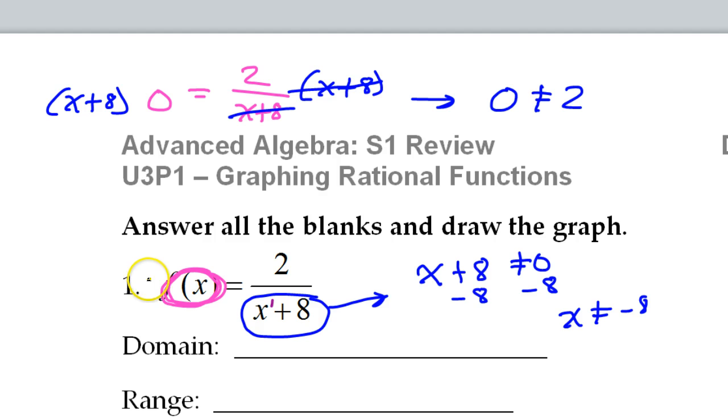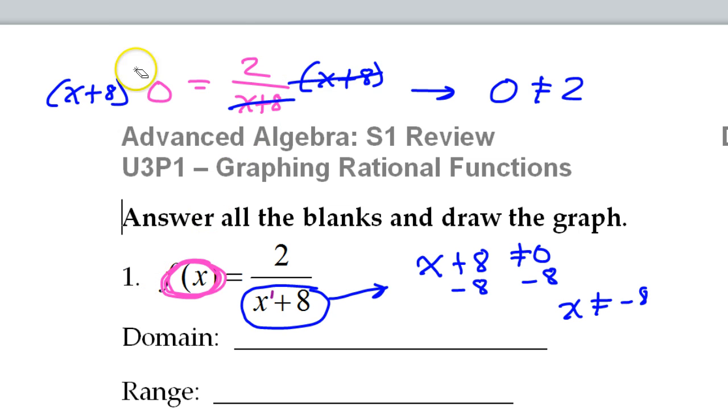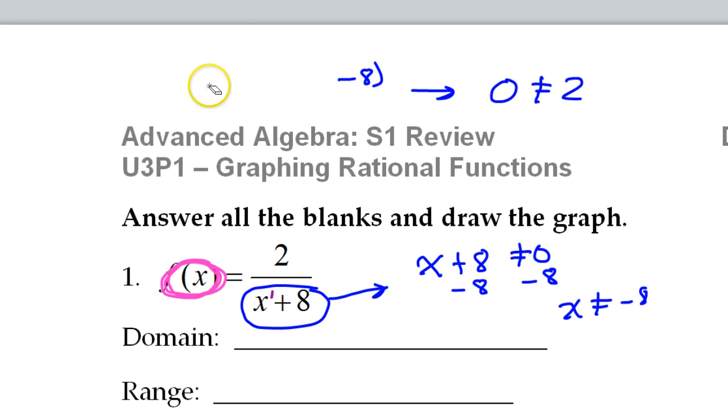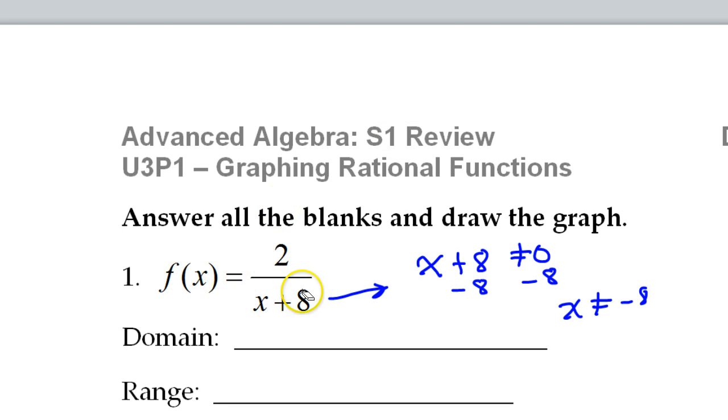Okay, with a rational function, another way to think about it is with rare exceptions, you can just look at it and set the numerator equal to 0. You know, so if this were 2x, I would set 2x equal to 0, and that would help me find the x-intercepts, which would be 0 in that case.